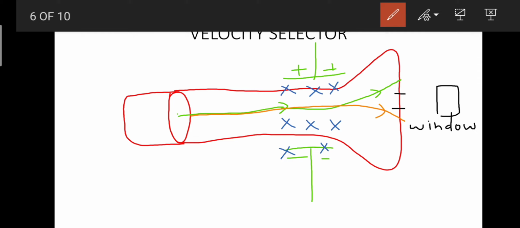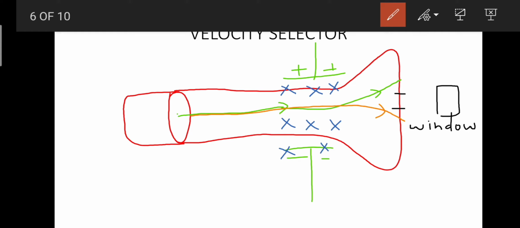I want all of these electrons to move through this particular window. But if I apply the electric field, they move in one direction, and if I increase the value of the magnetic field, the electrons move towards the downside. So I want them to be in a straight line.